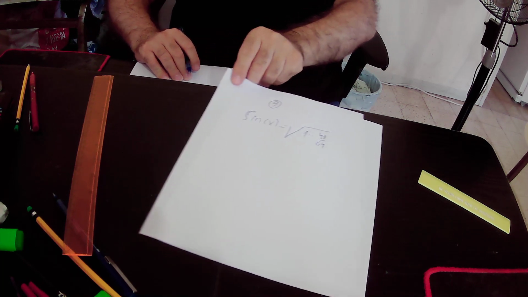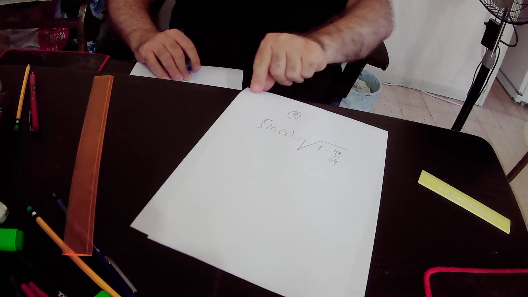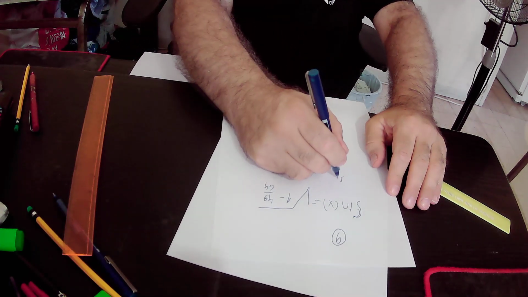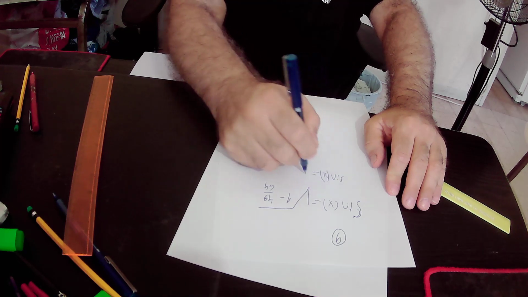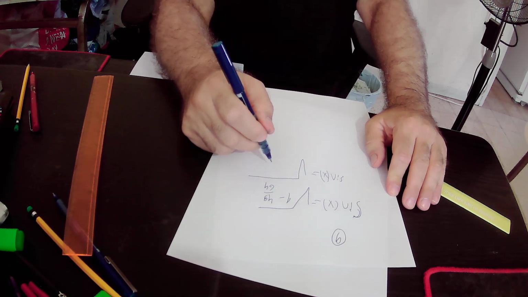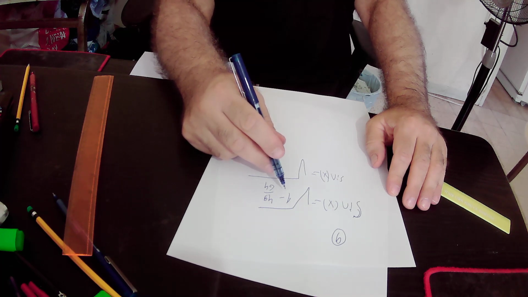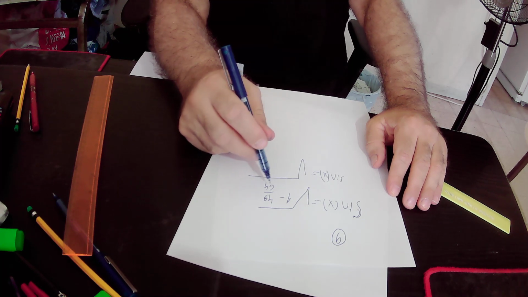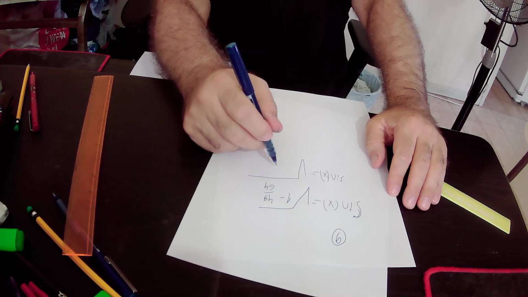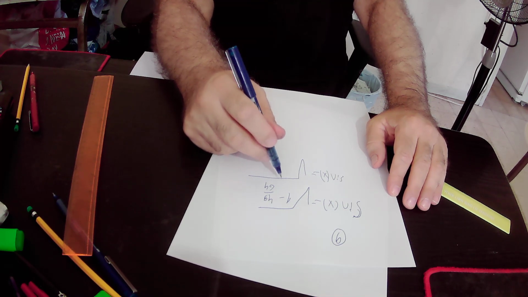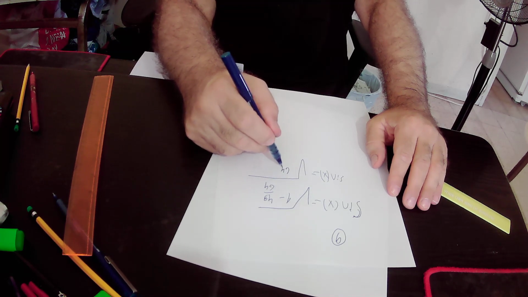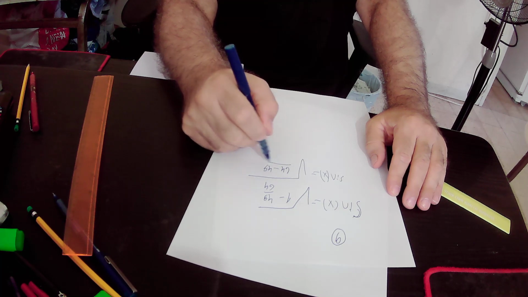Okay, and here instead of 1 we will write 64 over 64. 1 is 64 over 64, so it is 64 minus 49 over 64.